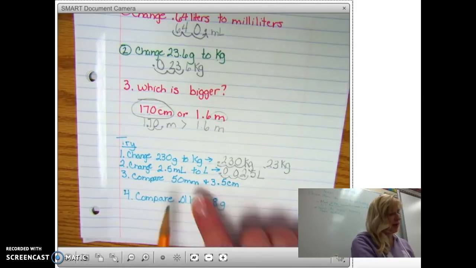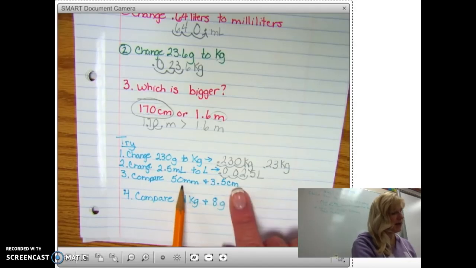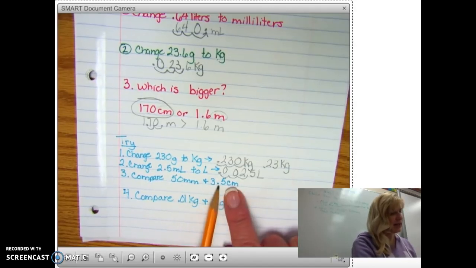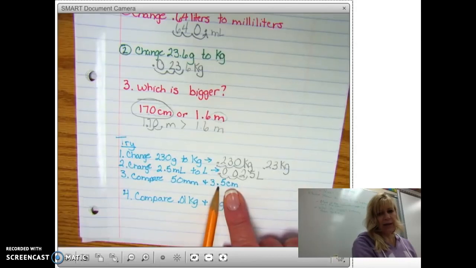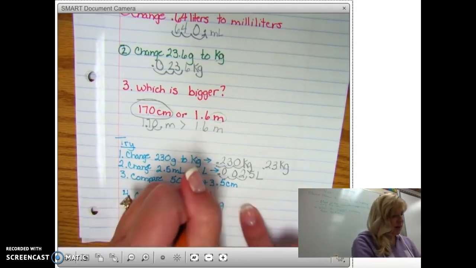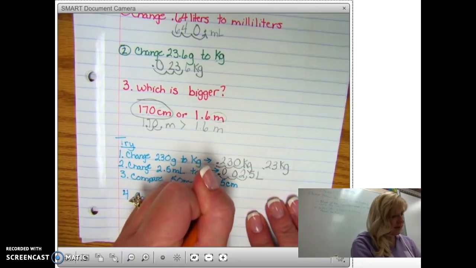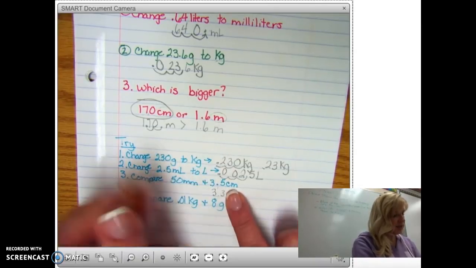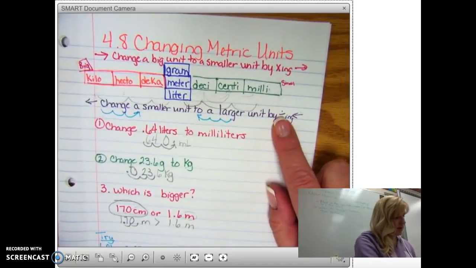So the next one we have is comparing millimeters to centimeters. So I'm going to take the centimeters and I am going to move it to equal millimeters. So I'm going to do my 3.5 and I'm going from centimeters to millimeters.